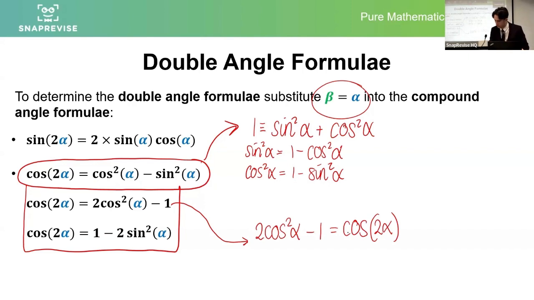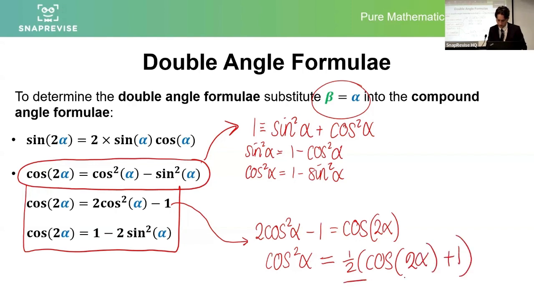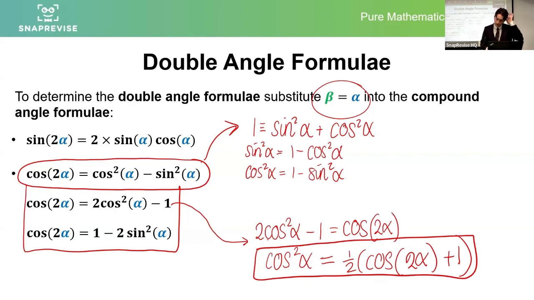If you add 1 across and then halve it, cos squared alpha is equal to a half of cos 2 alpha plus 1. The reason I'm just pointing this out now, you might be thinking like, is he just doing that for the fun of it? This is really useful for integration. It's a lot easier to integrate this than it is to integrate this.